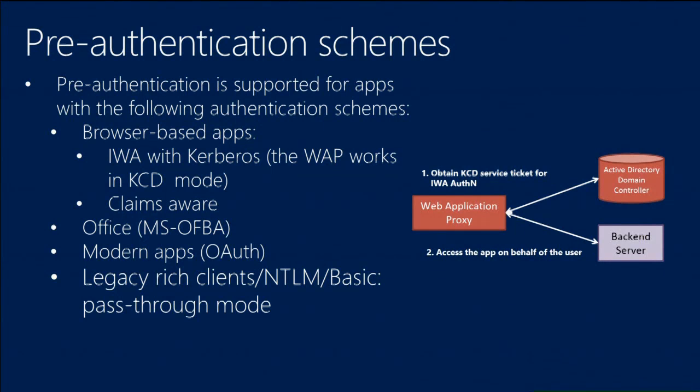And of course, the modern RESTful pattern of LOB applications that we see enterprises doing more and more over OAuth typically, that's supported with pre-authentication as well in this release. And that's pretty much the big four pre-authentication schemes that we have in this release.